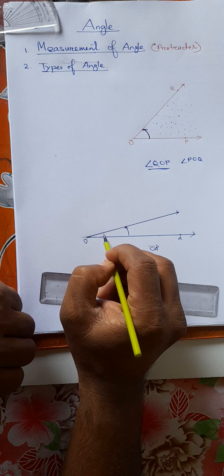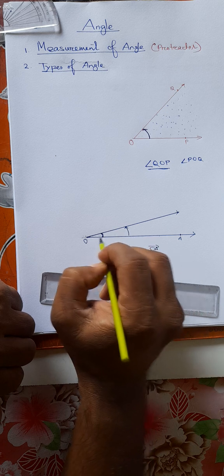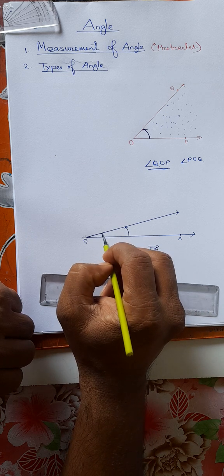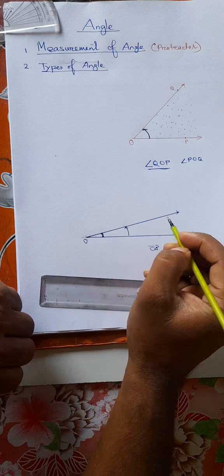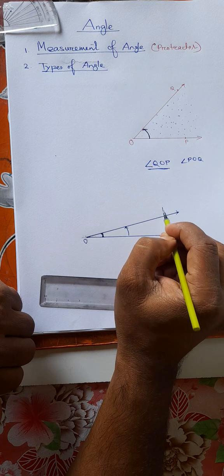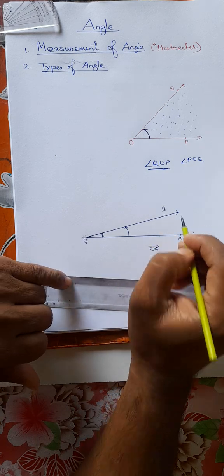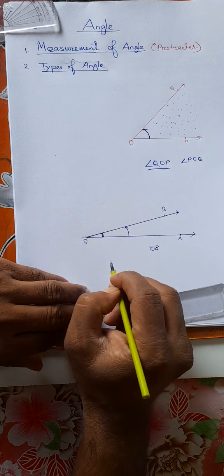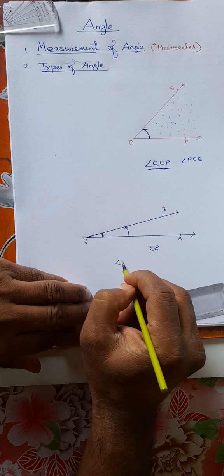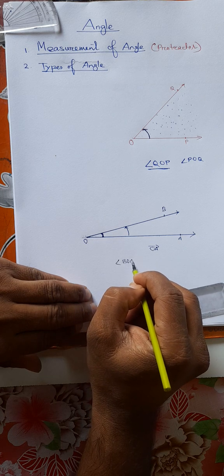Now a corner is created. So how will you measure the amount of this corner? Let us name this ray as B. So this is OB. What is the measurement of angle BOA?